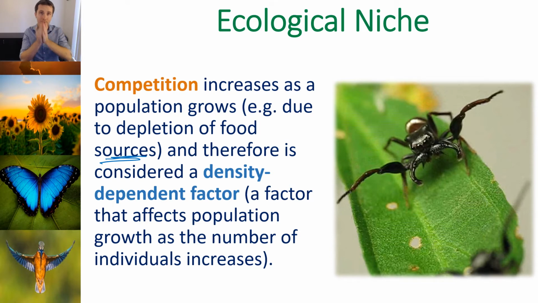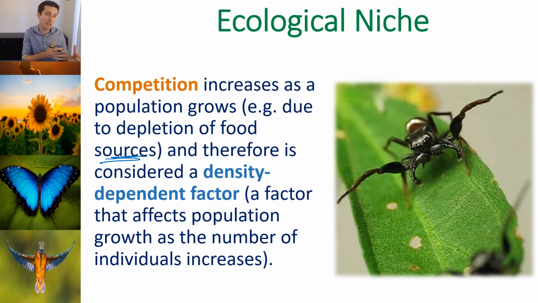But for now, understand that a density dependent factor is a factor that affects population growth as the numbers of individuals increase. So it's density dependent because as the number of individuals increase or the number of individuals decrease, the population growth is affected.